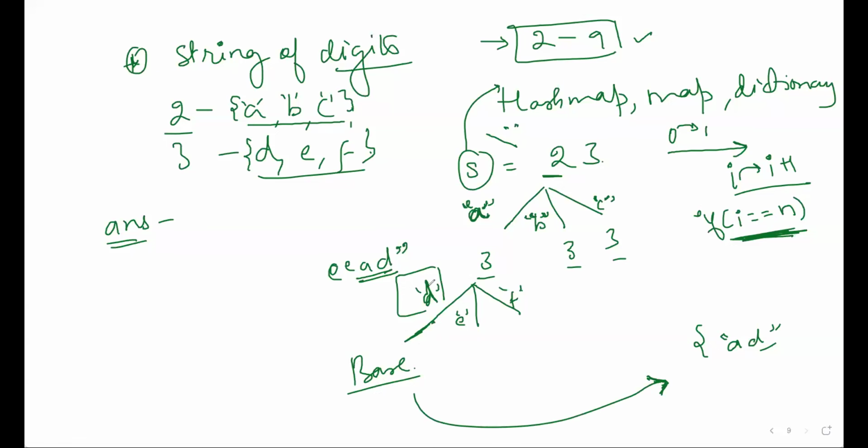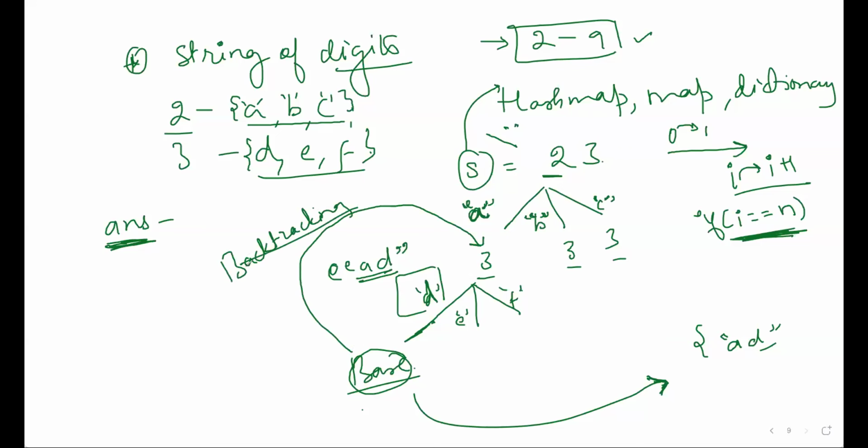The answer is going to be a vector of strings or dynamic array of strings, because we are storing strings only. And why dynamic? Because we are adding values at runtime. So now once base is triggered, AD is added, and after doing that we come back. This coming back is known as backtracking.